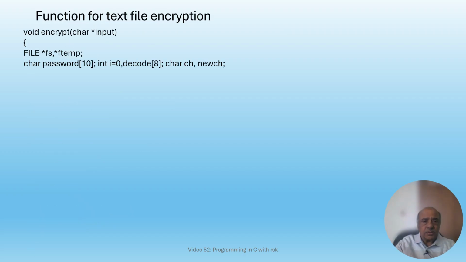Now how the encrypt function works, that we are going to see now. We are using again a file structure with two pointers, fs and ftemp. Then there are certain variables declared here. These are the variables which we will be using in the program.